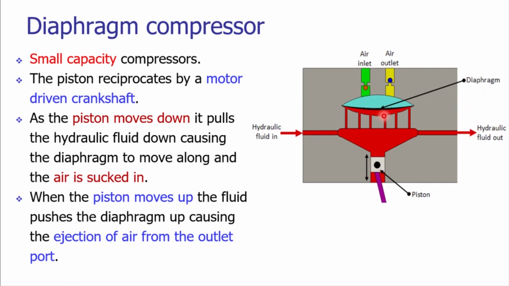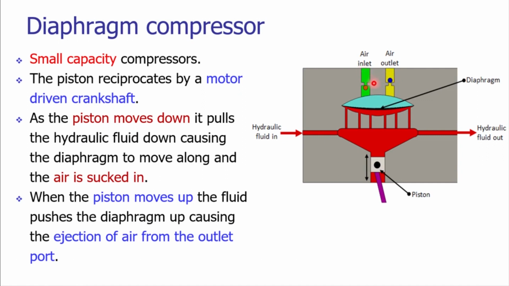And when the hydraulic fluid is pushed against this diaphragm, the diaphragm will be displaced in forward direction. So when it is displacing in the forward direction, whatever the air inside this particular cavity above the diaphragm will be compressed, and that air will be pushed through the outlet valve.